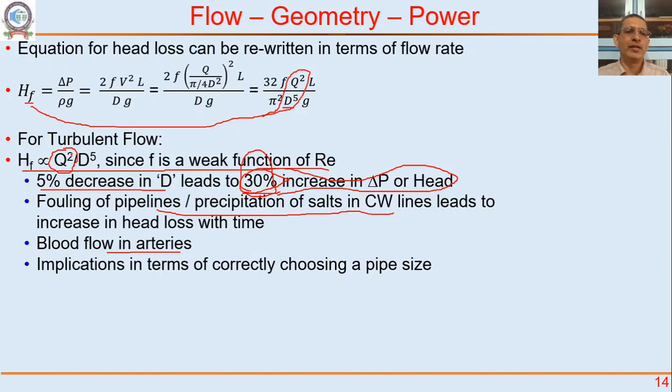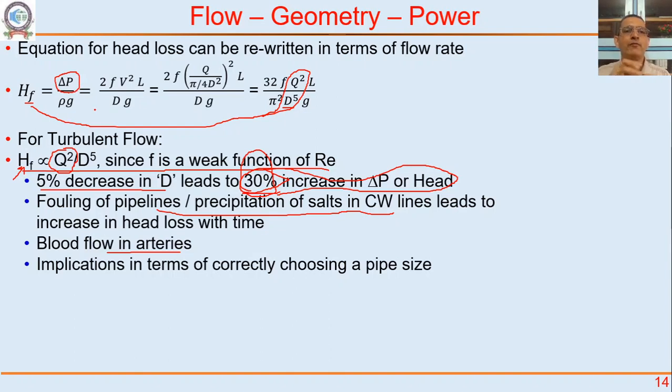So if blood flow is, let's say, instead of 5 liters per minute, now 6 liters per minute, let's say 20% more, 20% more blood flow will require 40% more head loss in overcoming friction. It will require 40% more pressure to be generated by the heart.